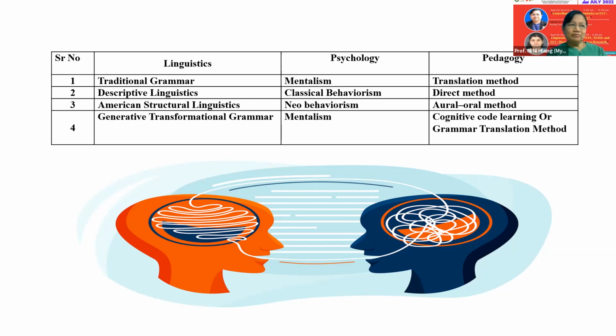This is the brief information regarding my lecture. And there are 4 columns. The first column is related to the linguistic approaches. The second column goes to psychological interpretation. And the third column is regarding pedagogy used by the teachers.